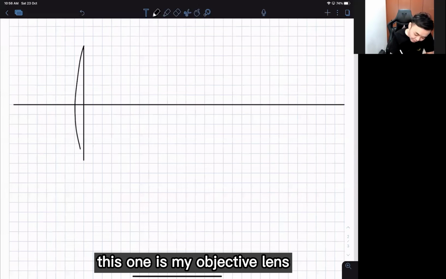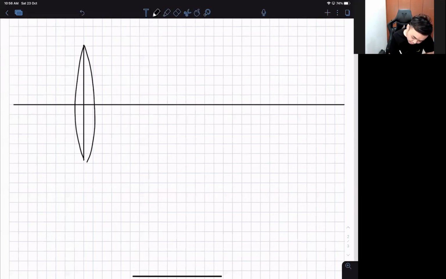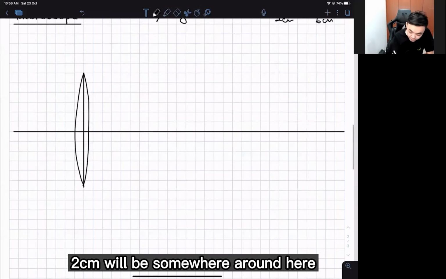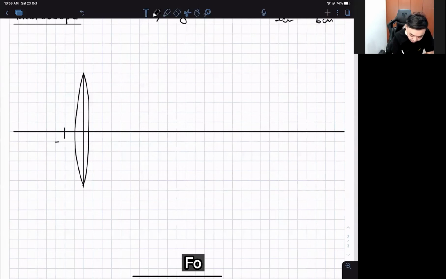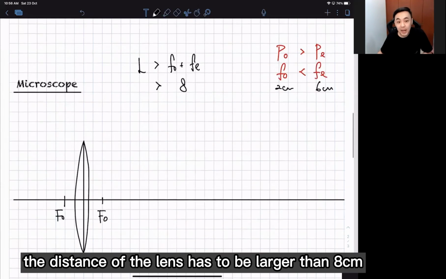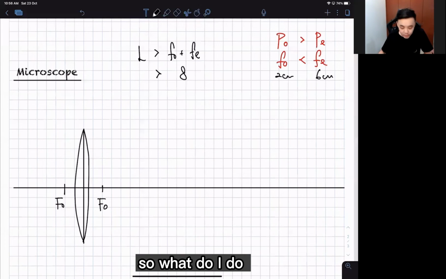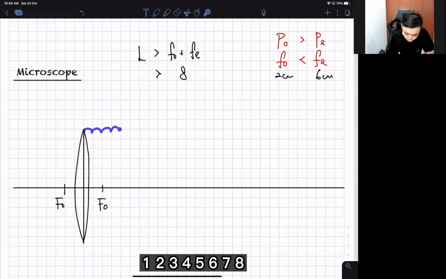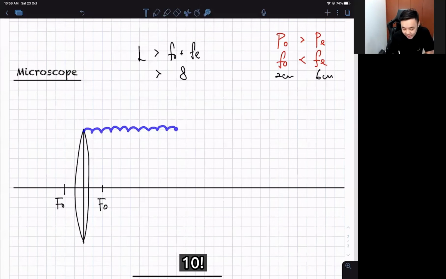So this one is my objective lens. 2 cm will be somewhere around here. FO. Again, 2 cm FO. Now, the distance between the lenses has to be larger than 8 cm. So what do I do? Simple. 1, 2, 3, 4, 5, 6, 7, 8, 9, 10.